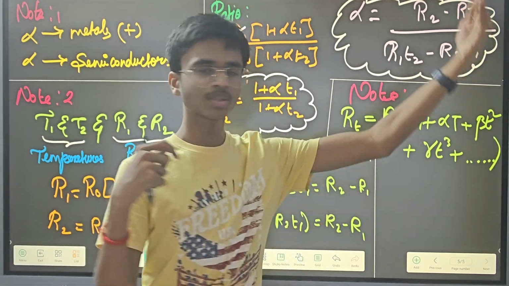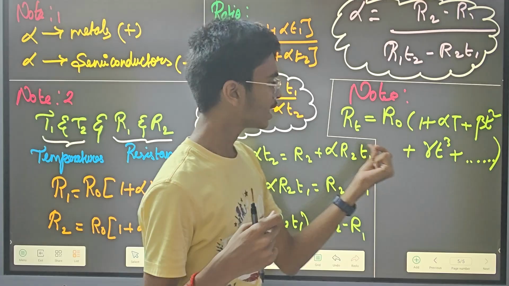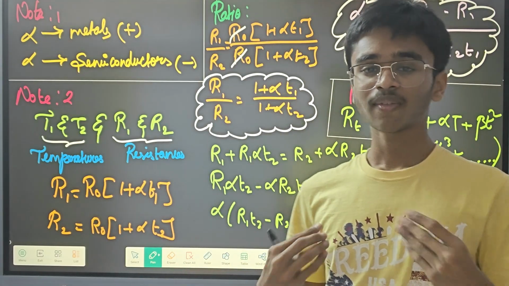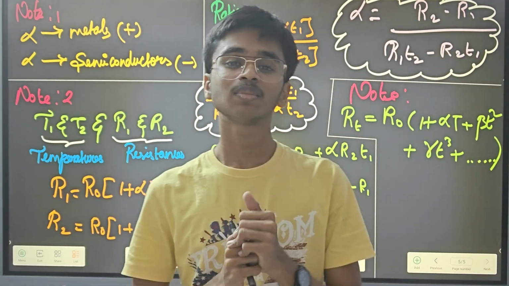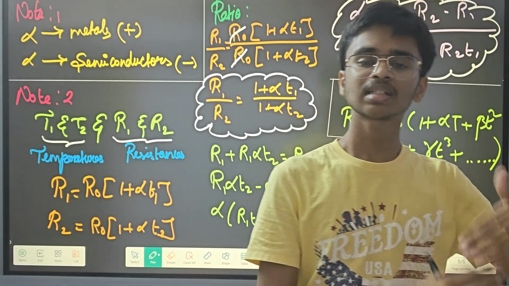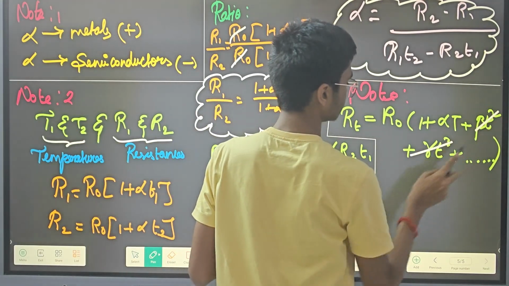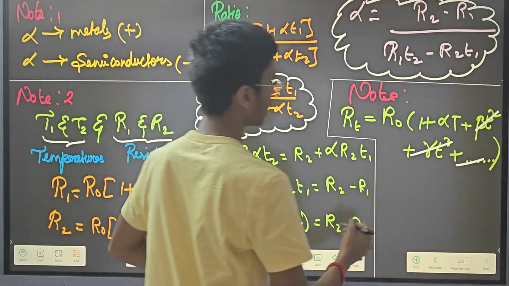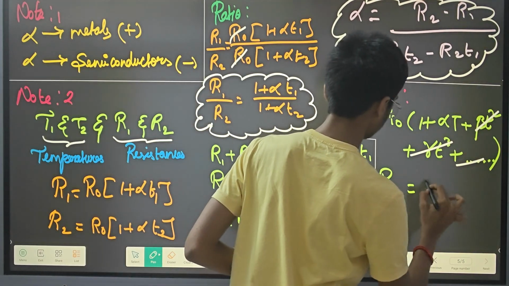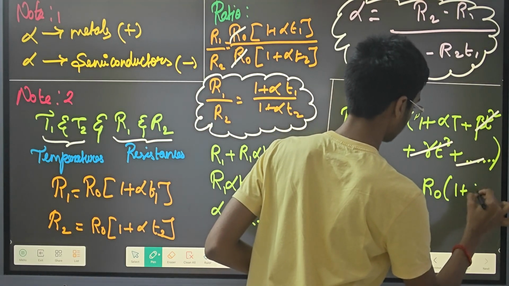But the change in temperature is small, so you neglect these higher terms. At last we have RT is equal to R naught into 1 plus alpha T.